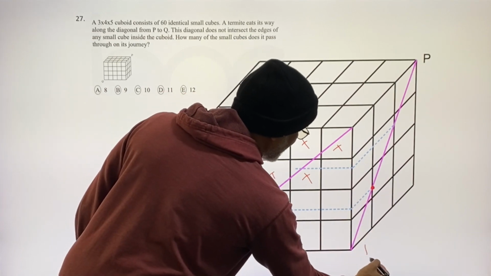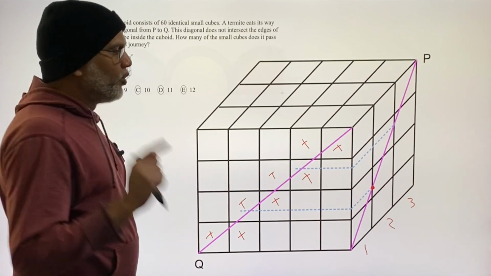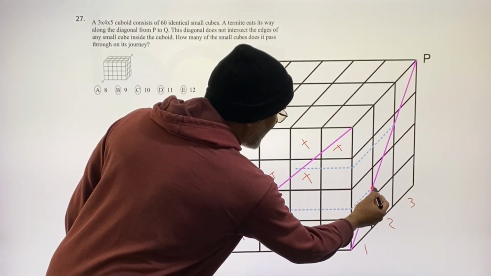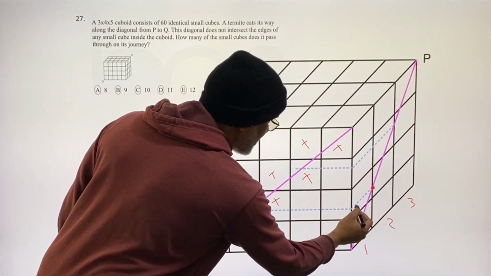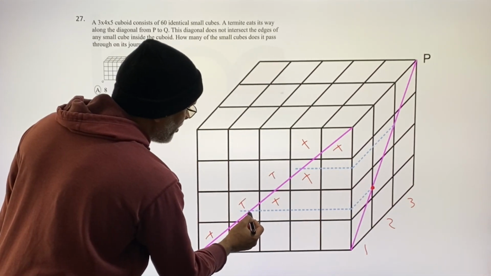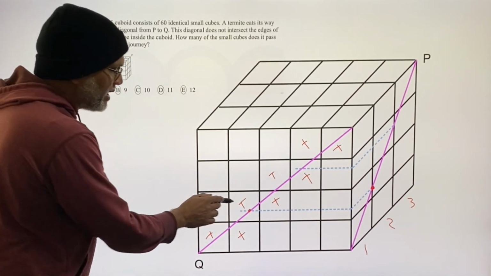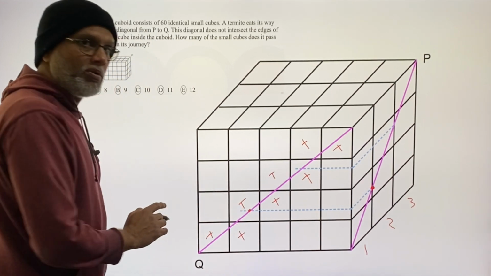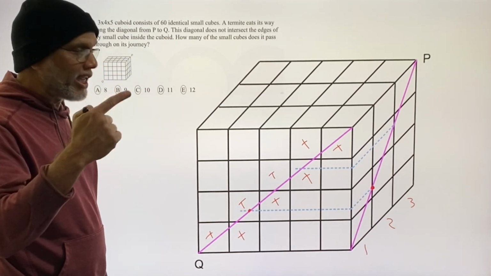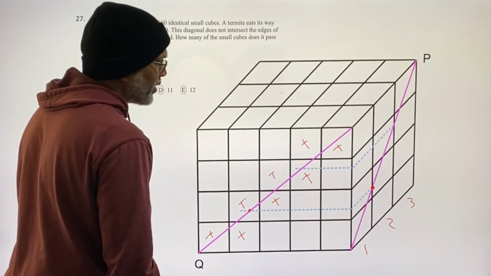This is, let's say, layer 1, this is layer 2, this is layer 3. You will see that the termite is going from the first layer to the second layer. But if I take a look from my view, I will not see that. I will see as if the termite is still in the same cube. But that is not true. In 3D, you can clearly see that it is actually touching another cube.